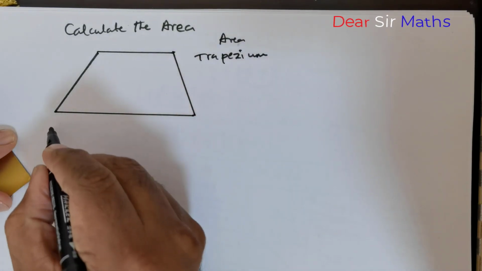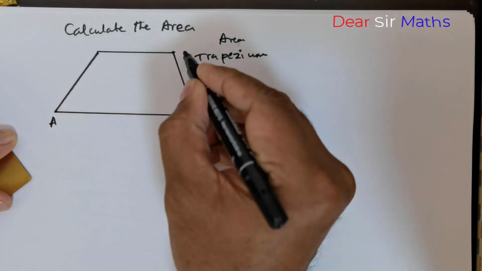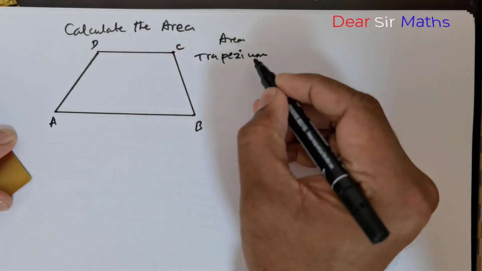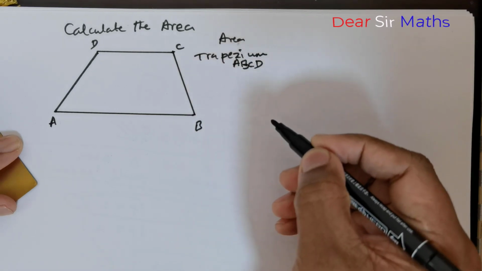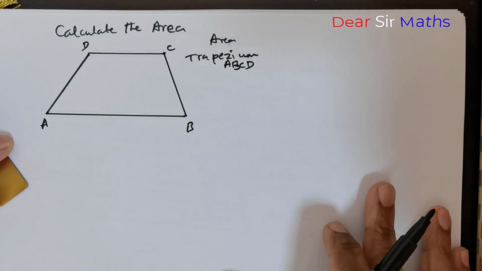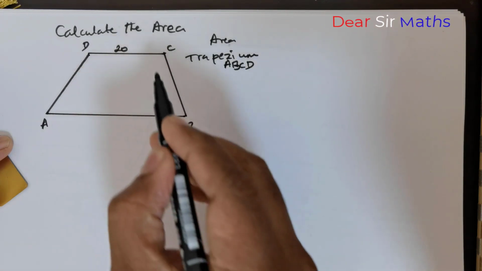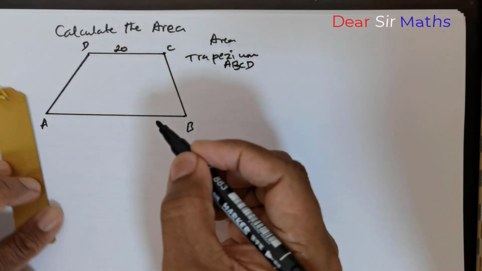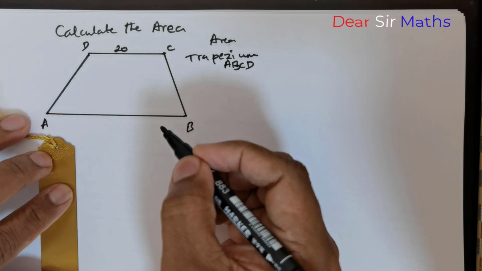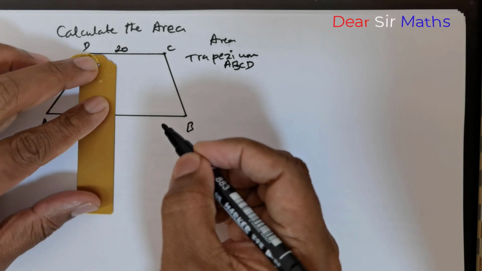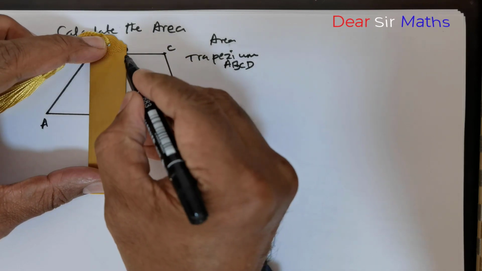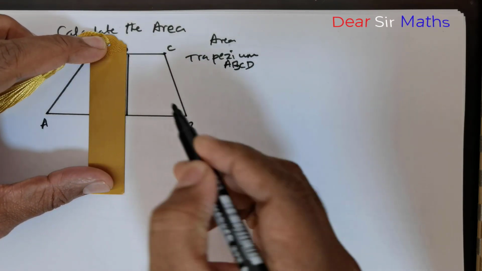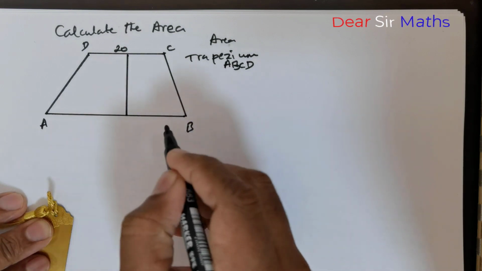Now if I were to name it as A, B, C, D, then this is what is required. Now we've been given a few pieces of information. So we've been given this to be 20 units, and there is a drop from here, a perpendicular to this base.